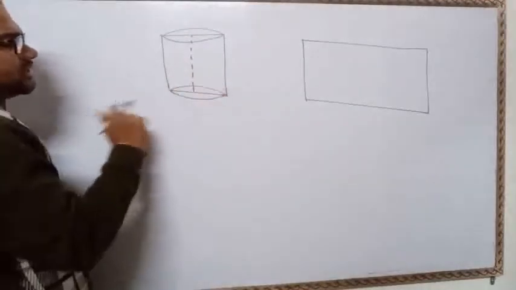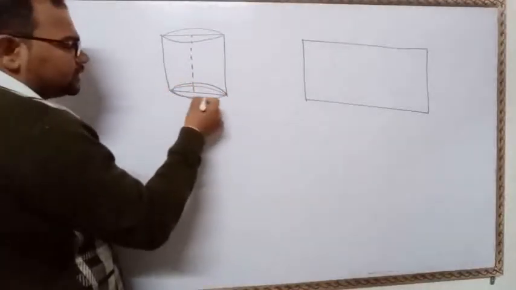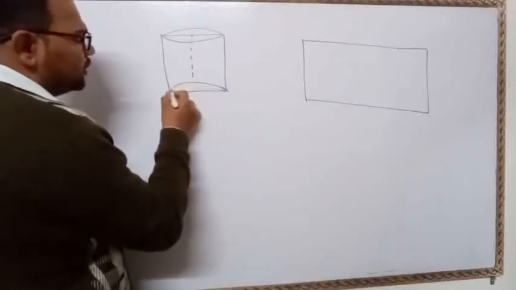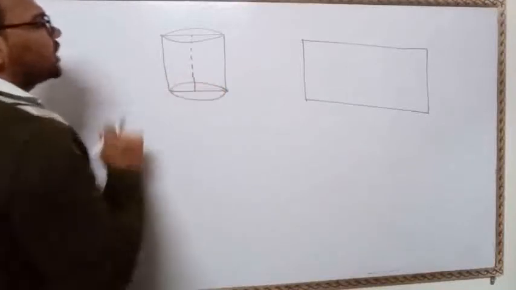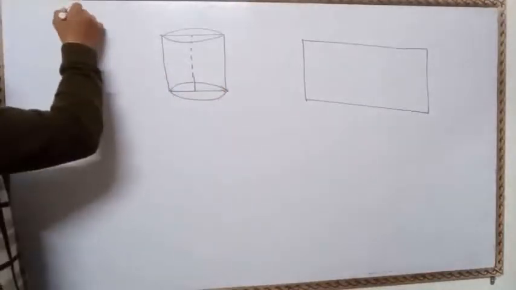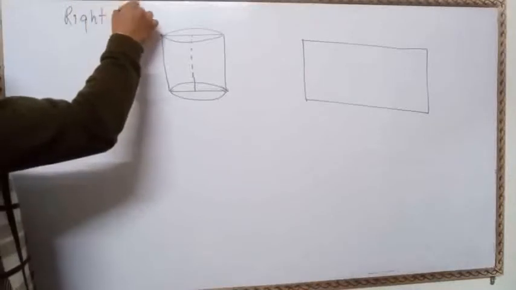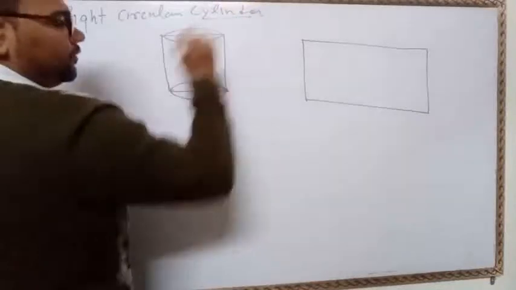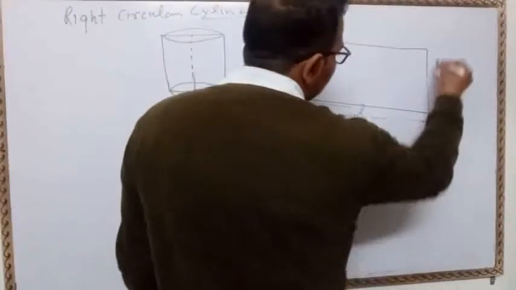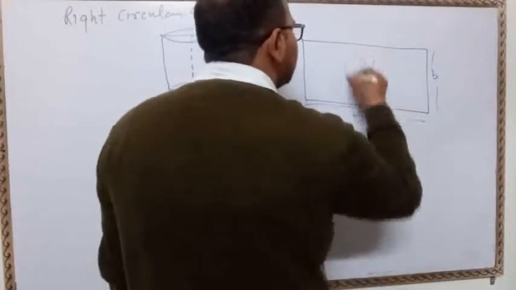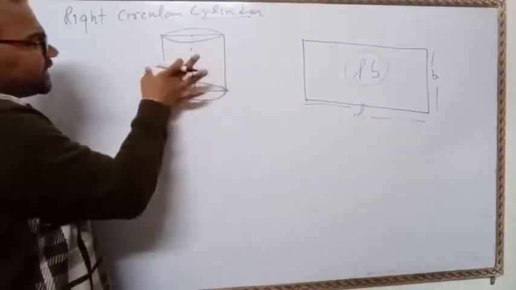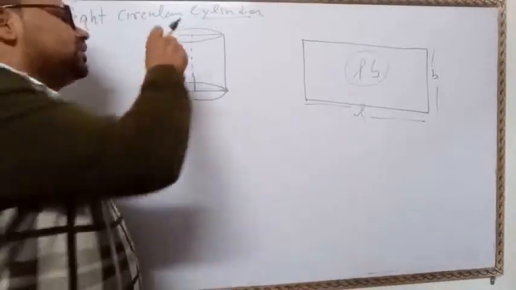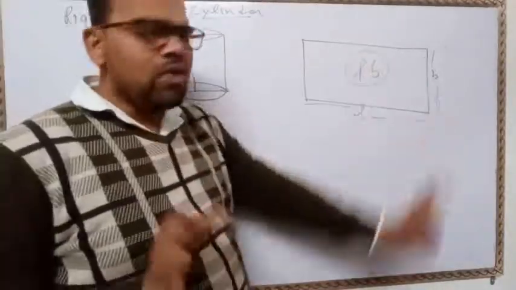Its base is circular, so it is called a right circular cylinder. Suppose its length is L and breadth is B, so area will be LB. So its CSA is also L into B.